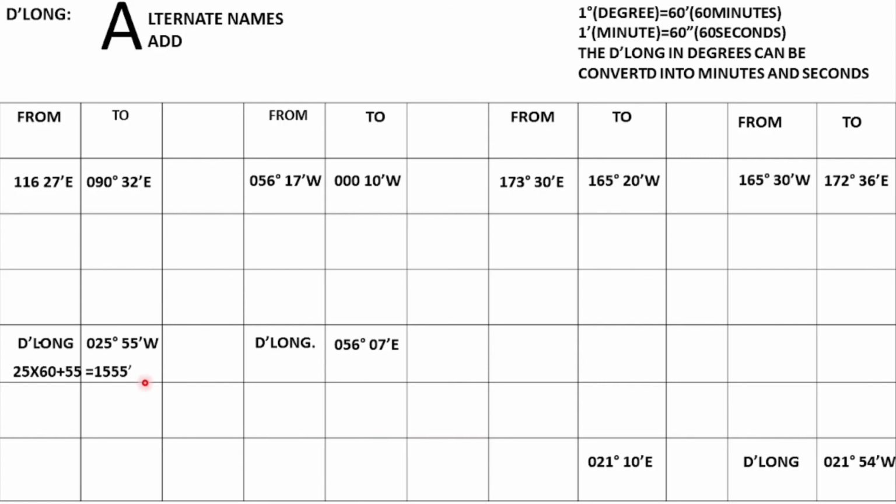So I've just shown you here 25 into 60 plus 55, so many minutes. 56 into 60 plus 7 minutes. 21 into 60 plus 10 minutes. 21 into 60 plus 34. Of course, I have not written down east-west here. That stays.